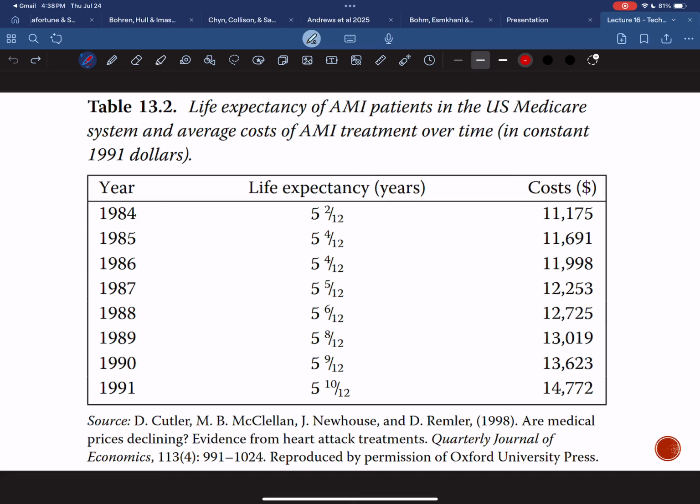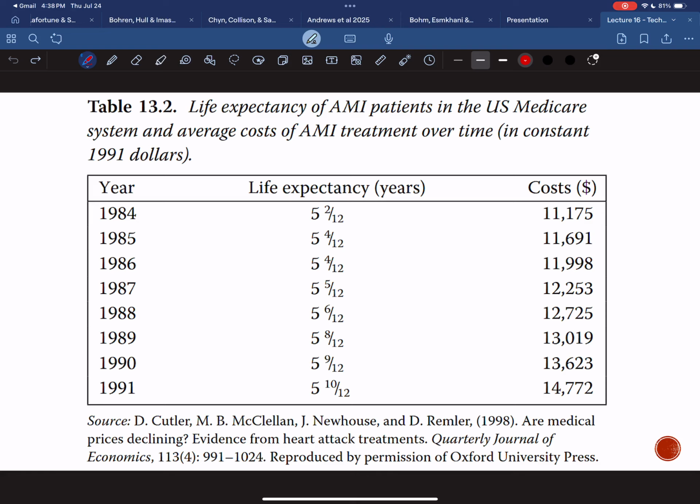In 1984, after you had a heart attack, your average life expectancy was about 5 years and 2 months. By 1991, it's 5 years and 10 months, right? So life expectancy after having a heart attack had improved by about 8 months over those years.